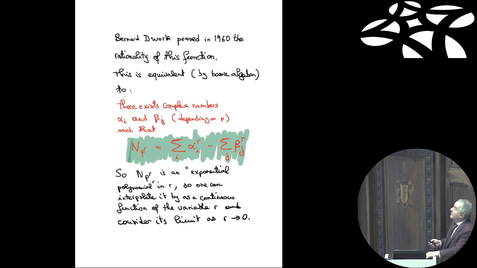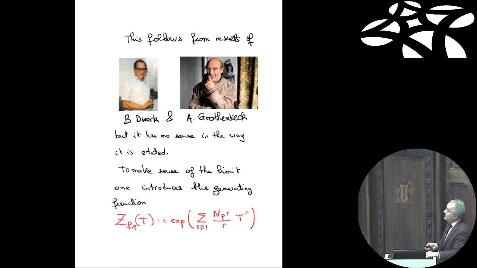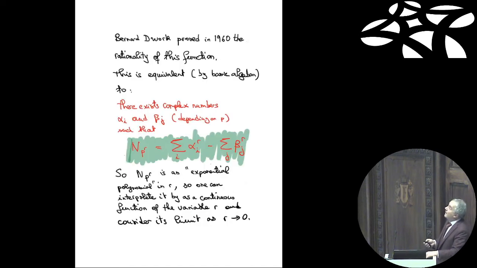And in 1960, Dwork proved a very striking result, that this function, which people call the zeta function, but we have many things called zeta functions, but there are reasons to call this one particularly a zeta function. He proved that this function is a rational function of the variable t. So what is a rational function?